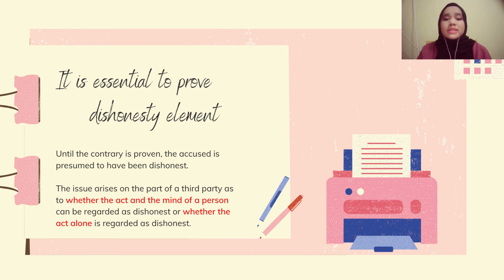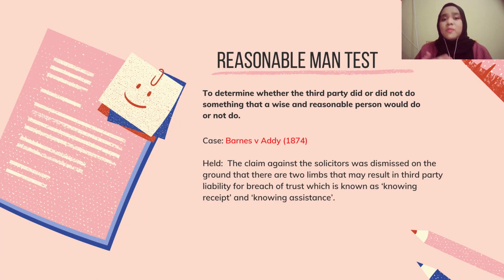However, the issue arises on the part of a third party as to whether the act and the mind of a person can be regarded as dishonest, or whether the act alone is regarded as dishonest. The issue arises as there are no clear and specific explanations for the dishonesty on the part of a third party.